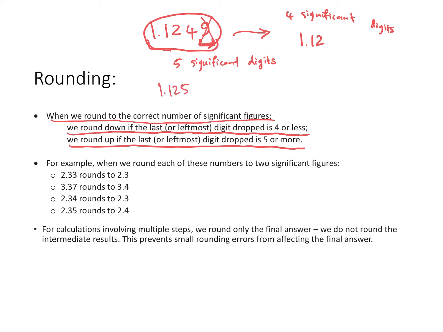And this is how we round. The digit that we want to drop is 5 or more, so we round up. Does that make sense?